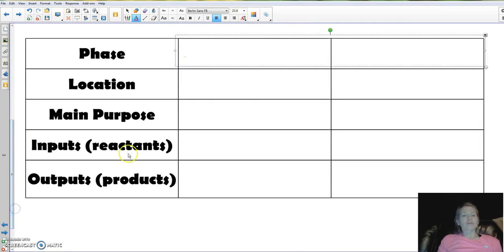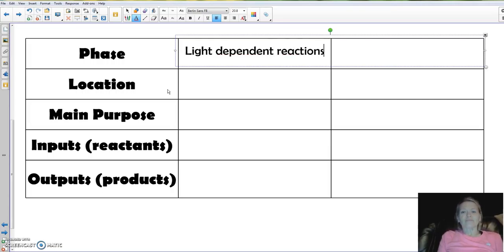Okay, then we also learned last week that photosynthesis happens in two parts. So I'm going to call them phases for right now. Phase one happens, we call that the light dependent reactions.